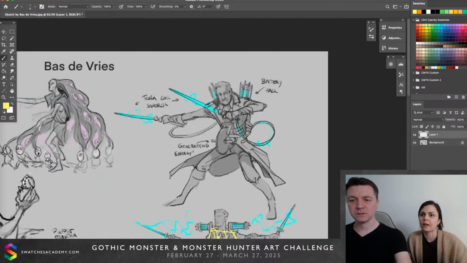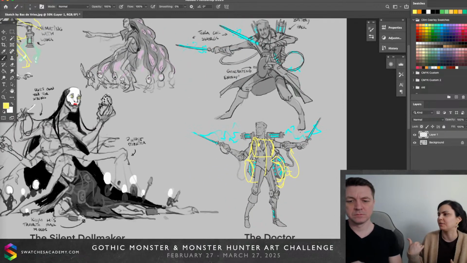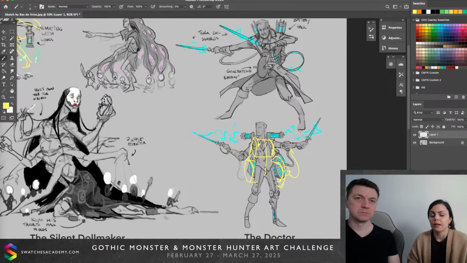Also, this is something we do even when we design anything: try not to overcomplicate it. The guy already has a lot of complex technology on him. I don't know that you need mech arms and mech legs on him too.